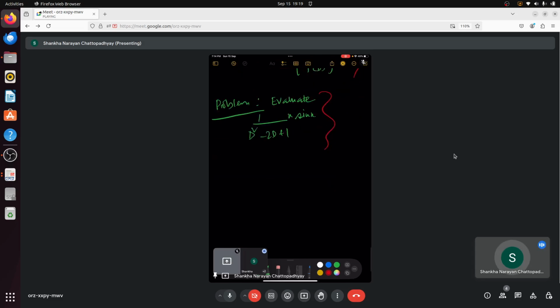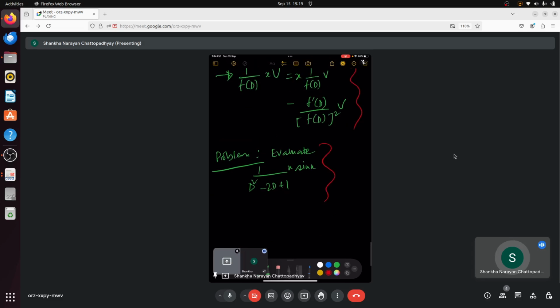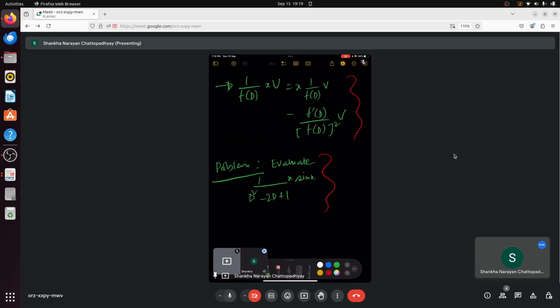So based upon this formula, it is very easy. I will upload the notes, so there is no problem about that. This we will solve based upon the above formula.